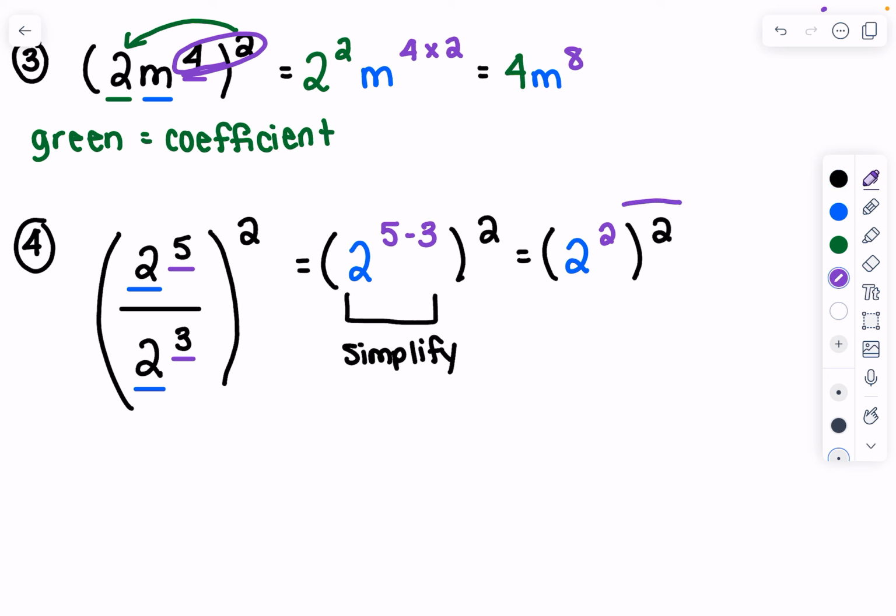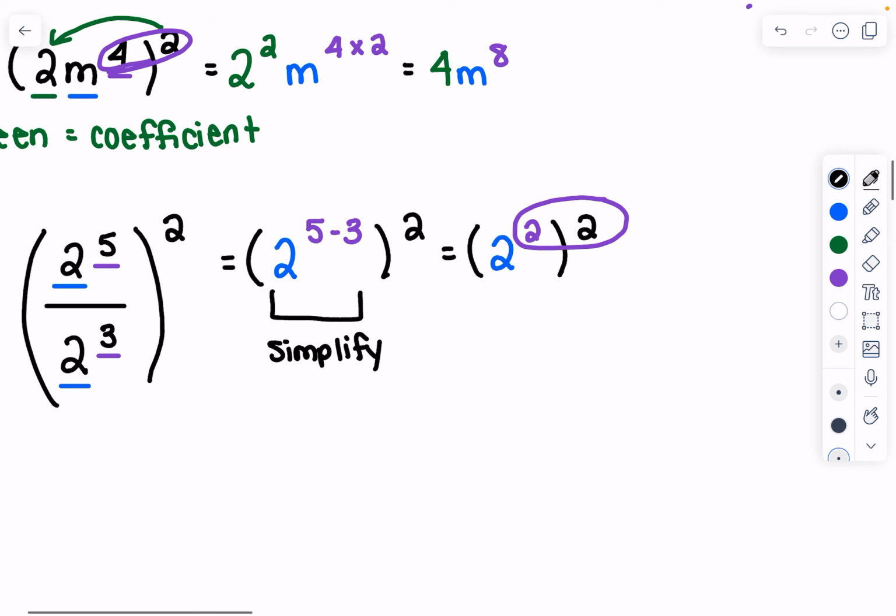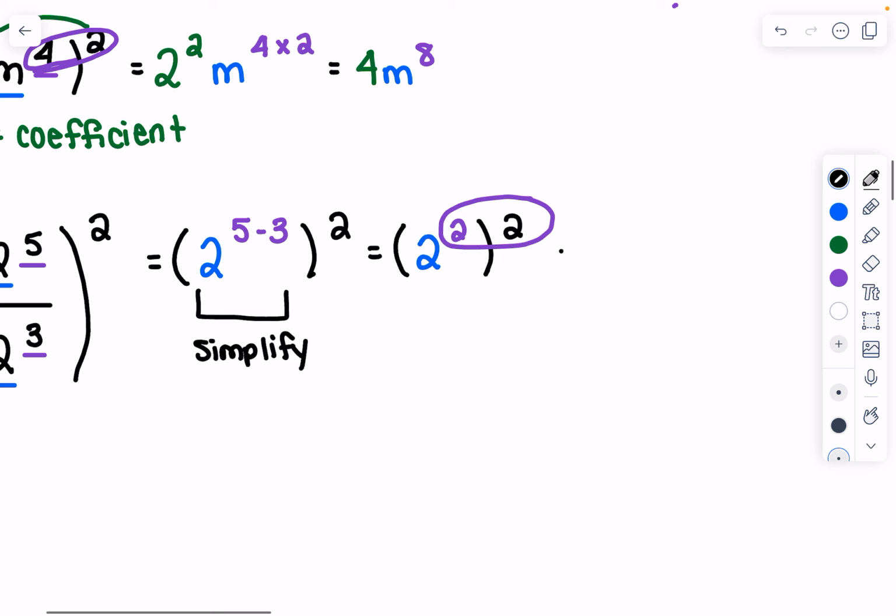Now I'm going to apply my exponent laws. I'm going to do 2 times 2. We already probably know what this should look like, but let's write out all the steps just in case. So 2 times 2. And we'll get our final answer of 2 to the power of 4.